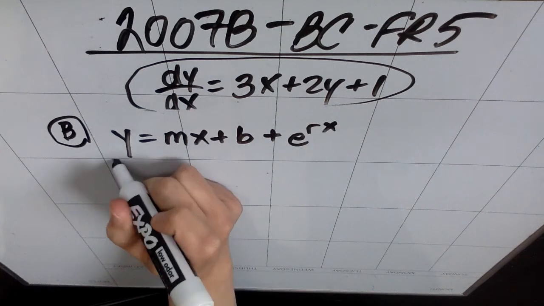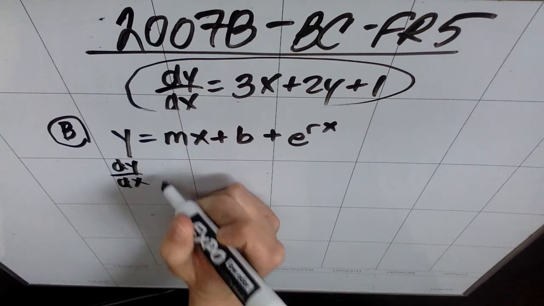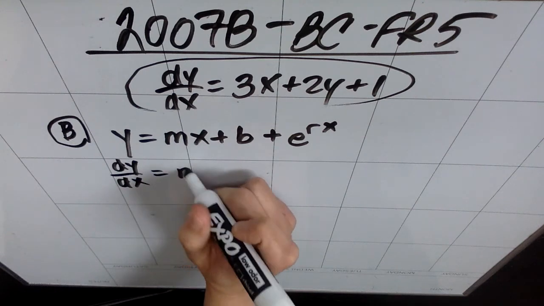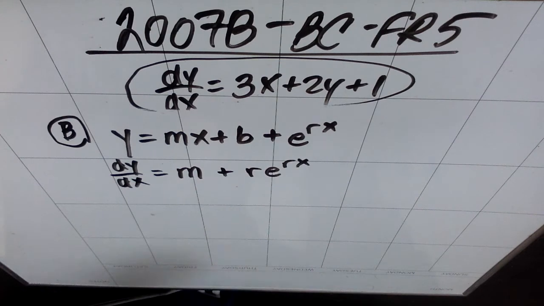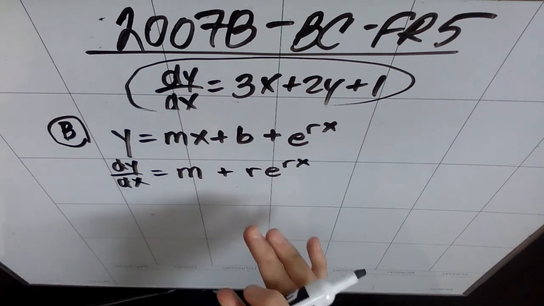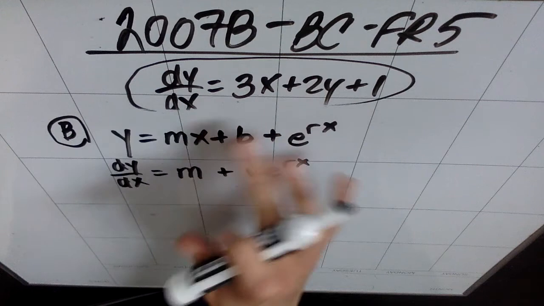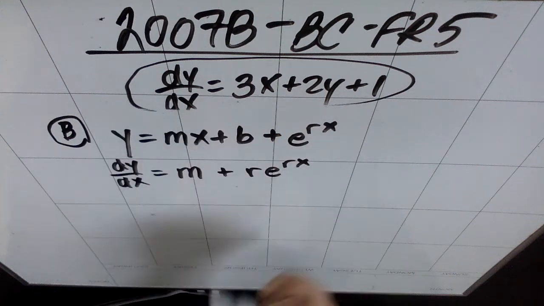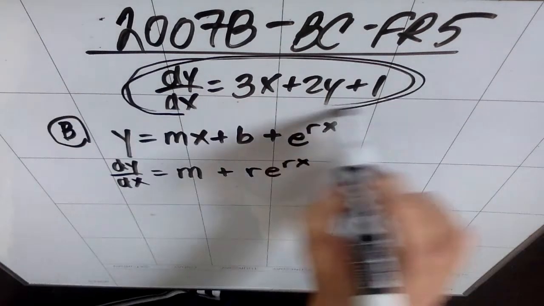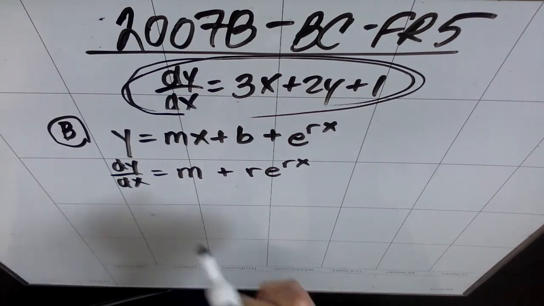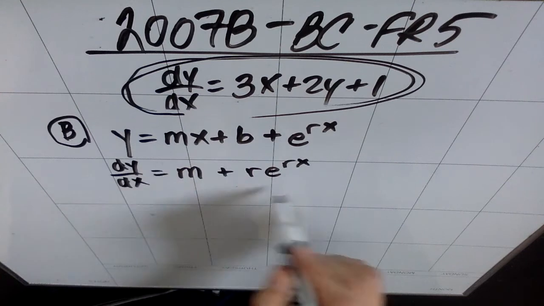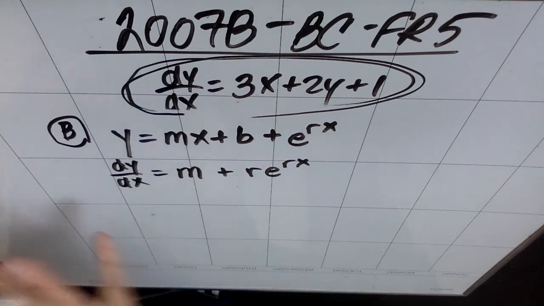So dy/dx for this thing, the first derivative, would be equal to m plus re to the rx, right? So that's what we know. So we know y, we know dy/dx. Okay, so if I were to plug back into these, what it means to be a solution to the differential equation is that for every x and every y, if I replace dy/dx with this stuff and y with this stuff, then I'm going to get a value.